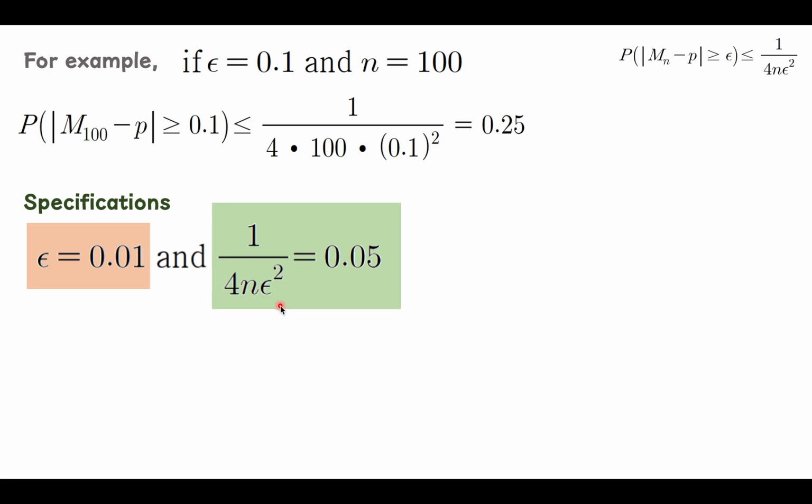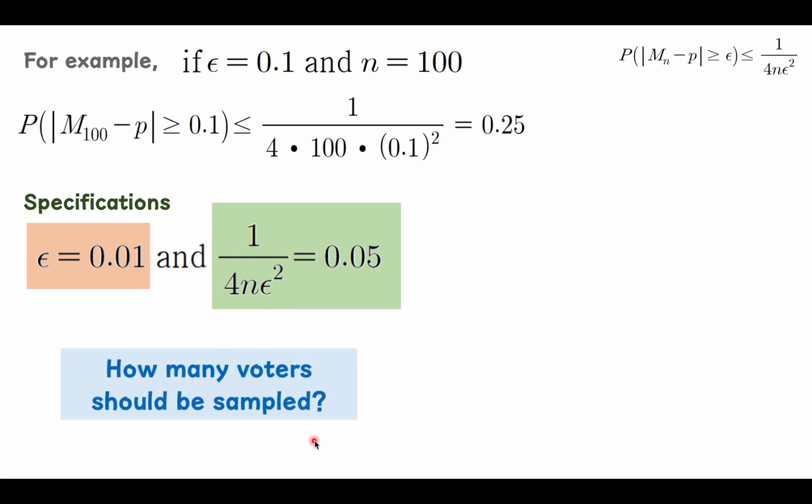In other words, it has to have at least 95% accuracy. In this situation, how many voters should be sampled?